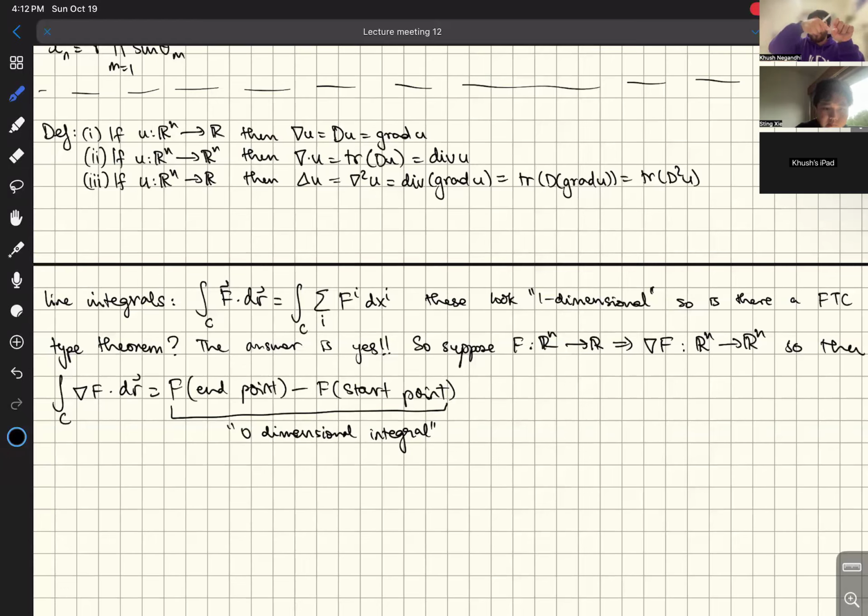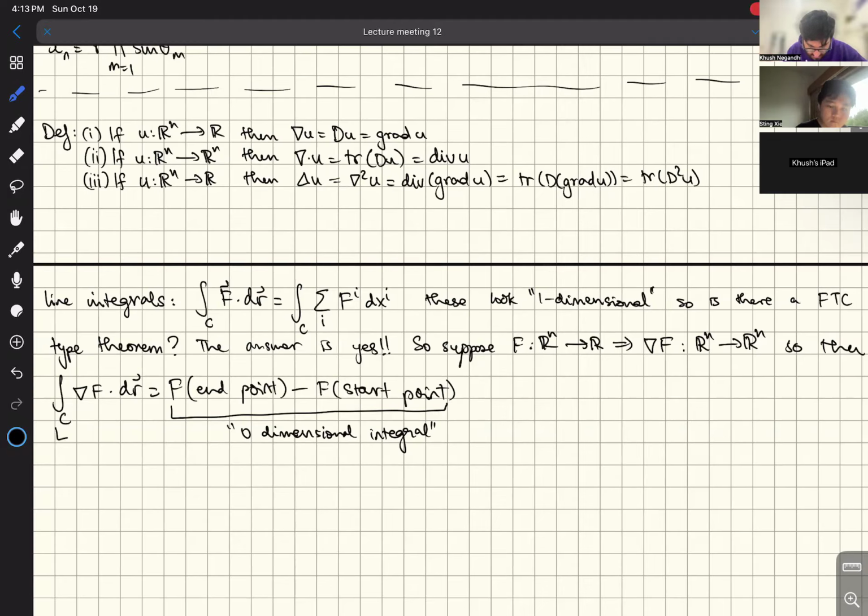I can just say I'm at this point or at this point, since in some sense these are zero-dimensional objects. The integral over a zero-dimensional object is just: you give it some orientation, so you say this is the first point, this is the second point, and then you take the function at the second point and subtract the function at the first point. That's what a zero-dimensional integral is. Does that make sense?